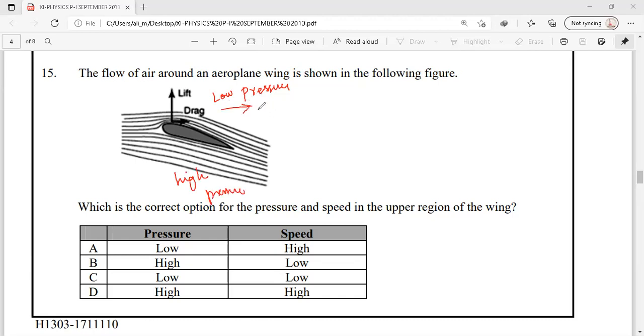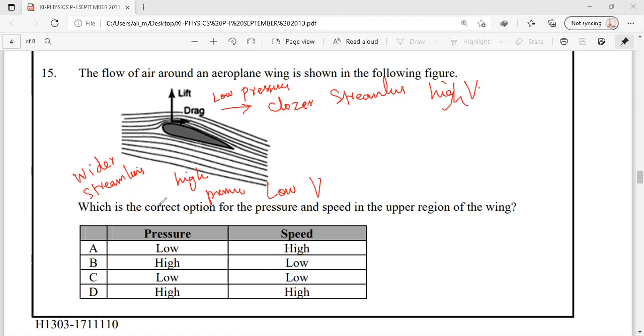This is low pressure due to closer streamlines, while below the wings of the plane we have wider streamlines. So wider streamlines mean high pressure and low velocity. Similarly, closer streamlines mean low pressure and high velocity. Which of the options is correct for the pressure and speed in the upper region of the wings? So pressure is low and speed is high. Option A is the right answer.